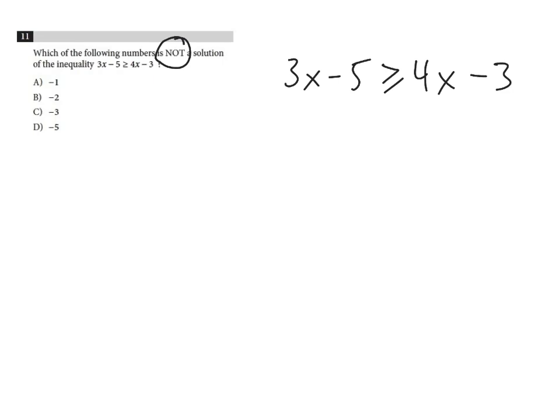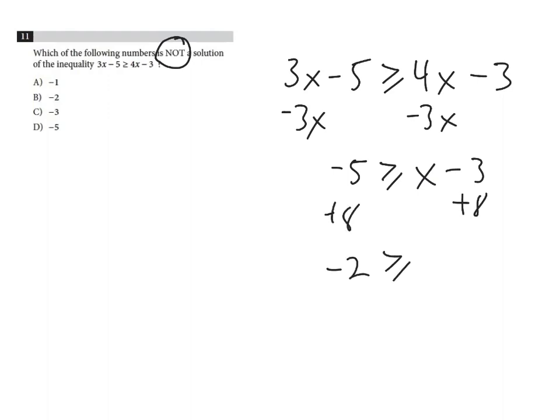Okay, so I'm going to subtract 3x from both sides. I'm subtracting 3x because that's going to give me a positive coefficient on the x term, and I like having positive coefficients, so it's just going to be 1x, add 3, negative 2 is greater than or equal to x.